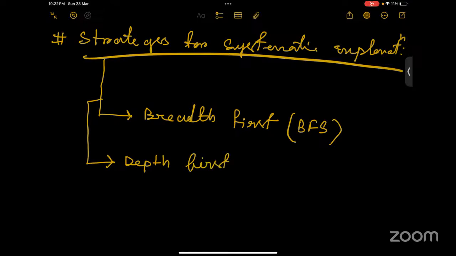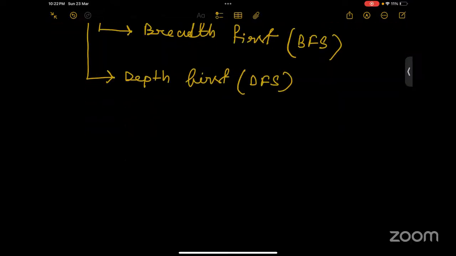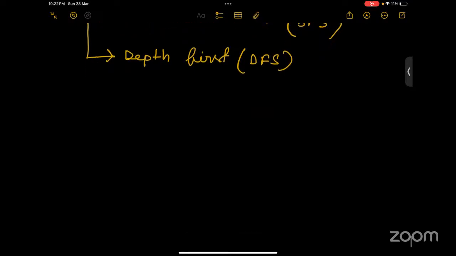Today we will discuss breadth first only, and in the open session, I will ask Samiksha to discuss depth first also, because we need some more time to do this.